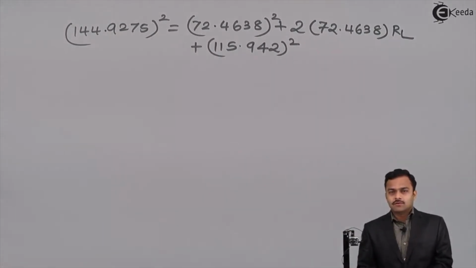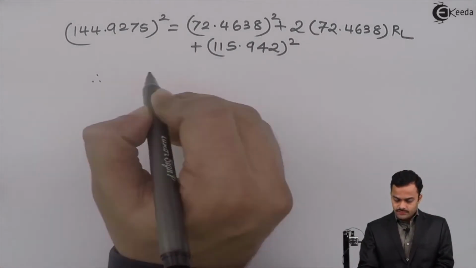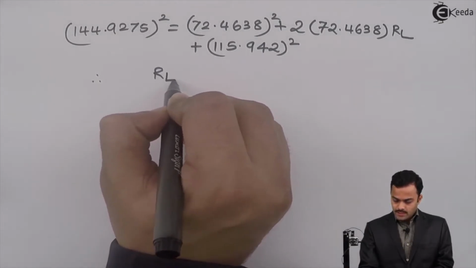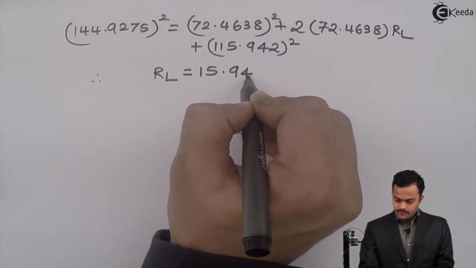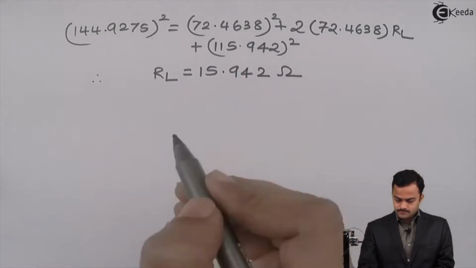So in this there is only one unknown, and that is RL. If you solve, you will get RL as 15.942 ohm.